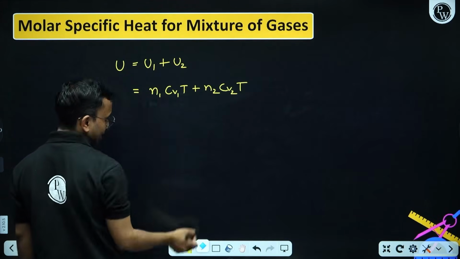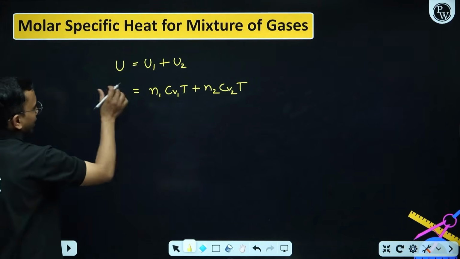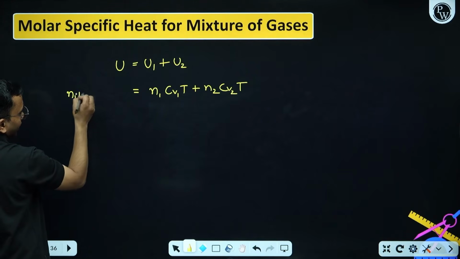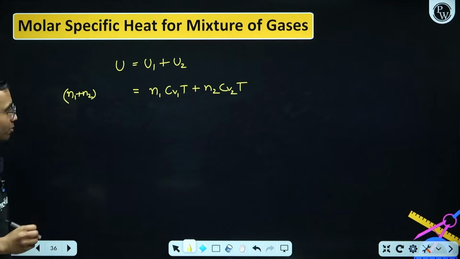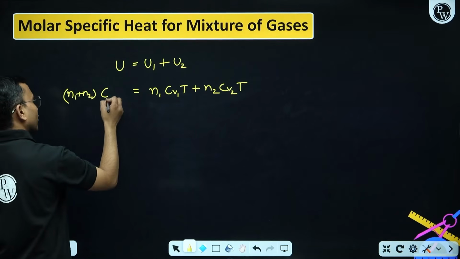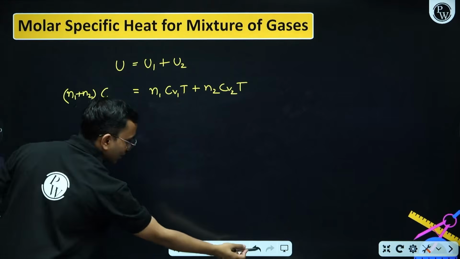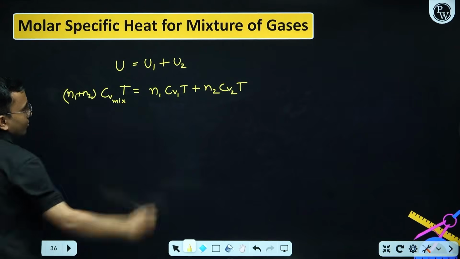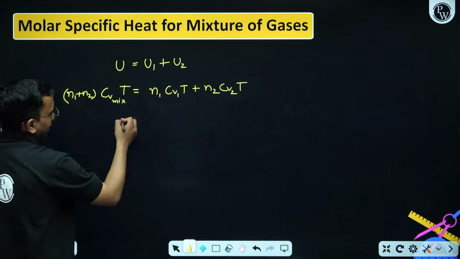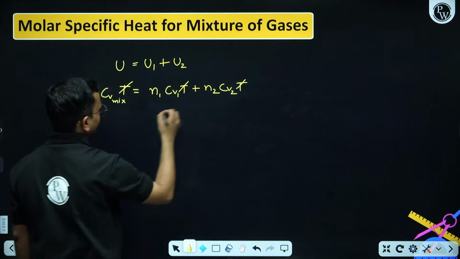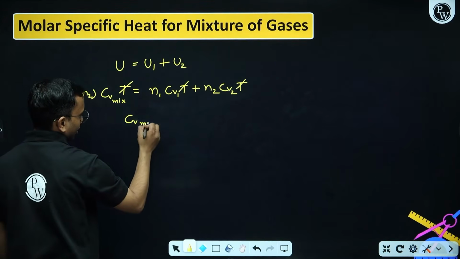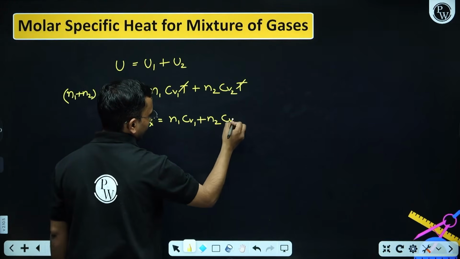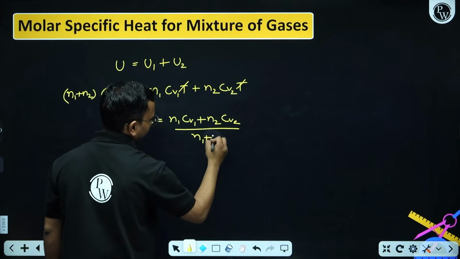Internal energy of first plus internal energy of second, and this becomes the effective formula for internal energy if I write N1 plus N2, the total number of moles, into Cv effective, Cv mixture, and the temperature is T. From there I can say that T will get cancelled, and Cv mixture comes out to be N1 Cv1 plus N2 Cv2 divided by N1 plus N2.